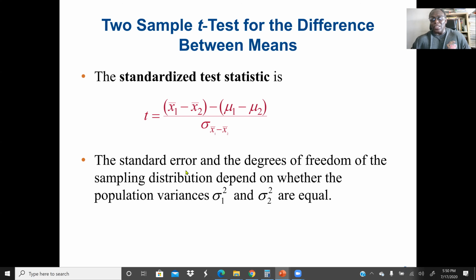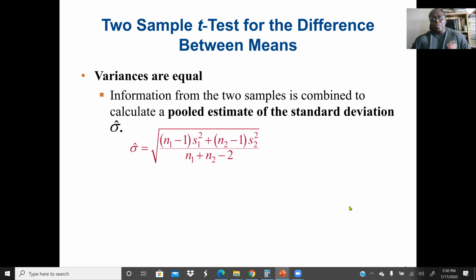The standard error and degrees of freedom of the sampling distribution depend on whether the population variances are equal. If the variances are equal, then information from the two samples is combined to calculate a pooled estimate of the standard deviation.